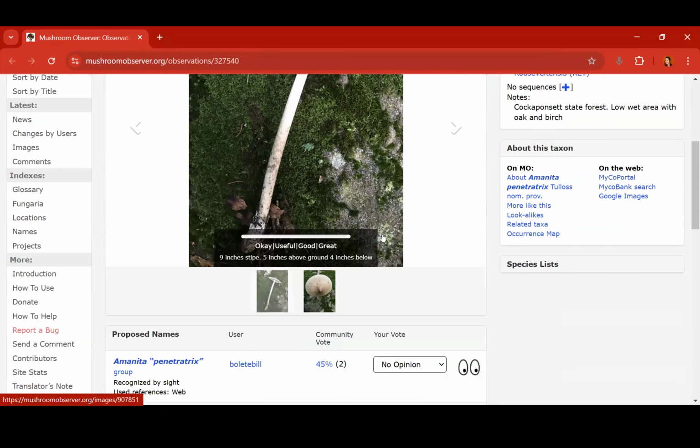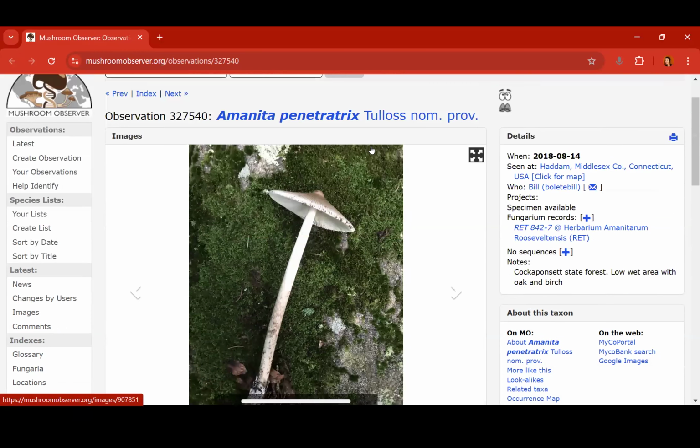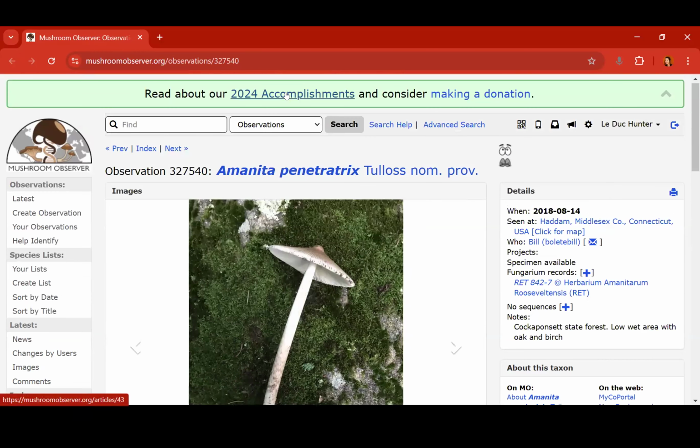This is very, very common in Connecticut, apparently. So I wanted to end on that note, on a mushroom that people here might have come across, and I'm hoping Dave can share some more with people. And I think that's about all I got.